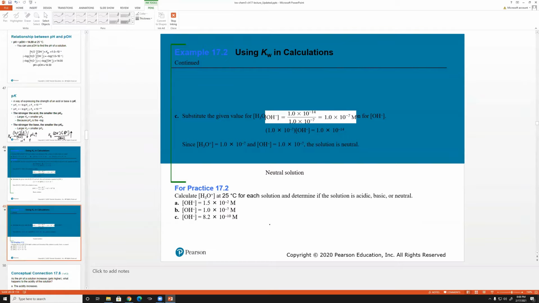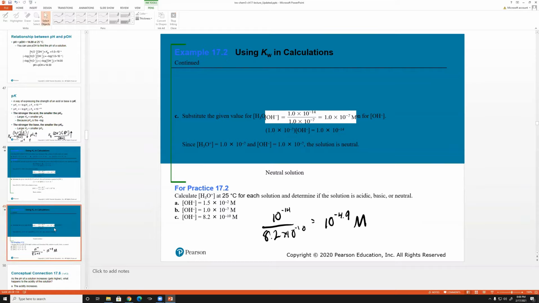And the way to figure out the corresponding H3O plus concentration is you do 10 to the negative 14 divided by 8.2 times 10 to the negative 10. And if the pH is 4.9, it would be 10 to the negative 4.9 molar. You probably don't get that in your calculator, but that's the same number that it equals.